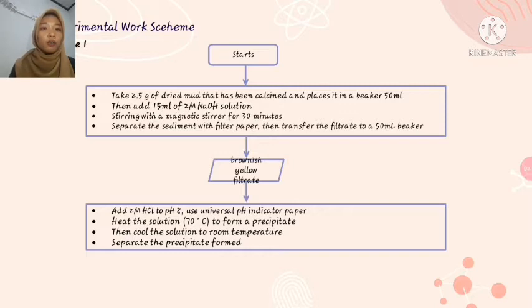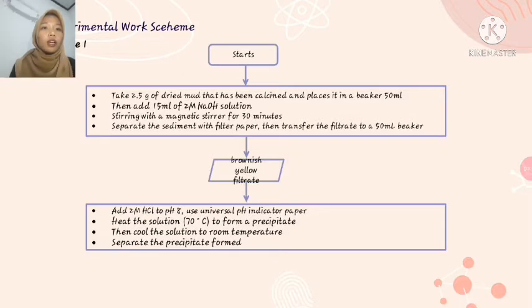Take 2.5 grams of dried mud that has been calcined and place it in the 50 milliliter beaker glass. Then add 15 milliliters of 2 molar sodium hydroxide solution.